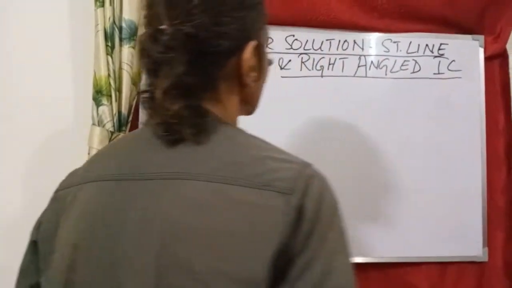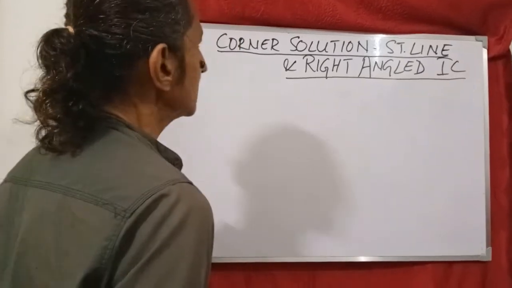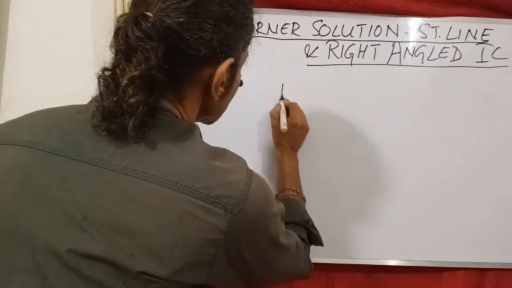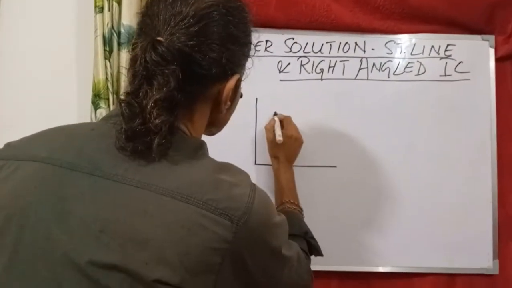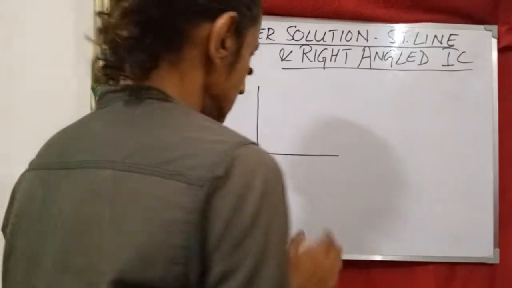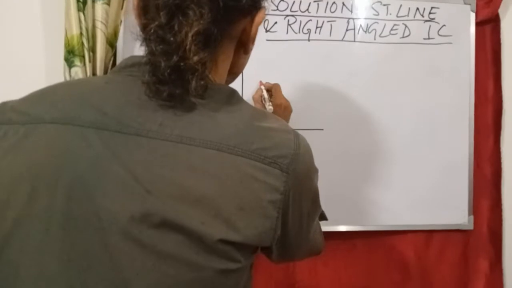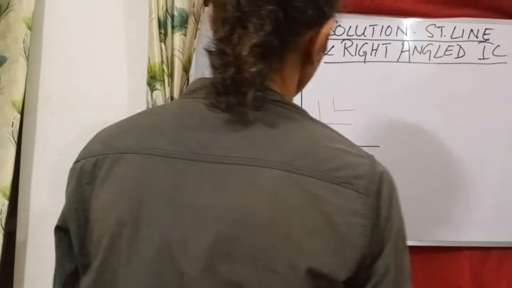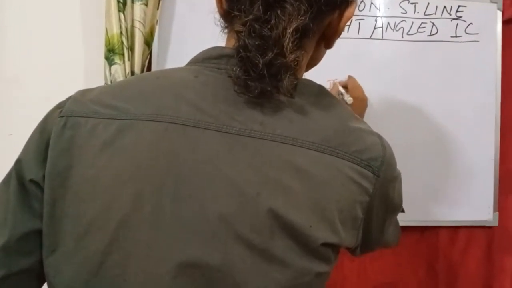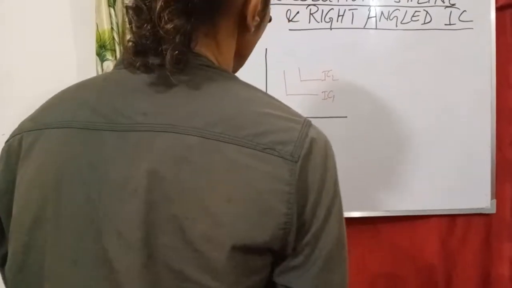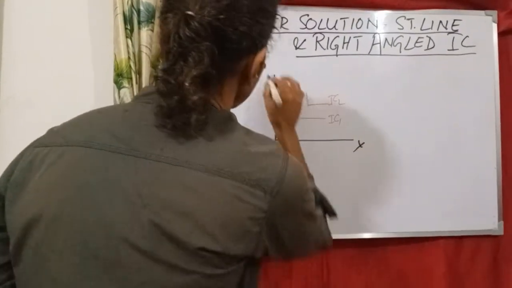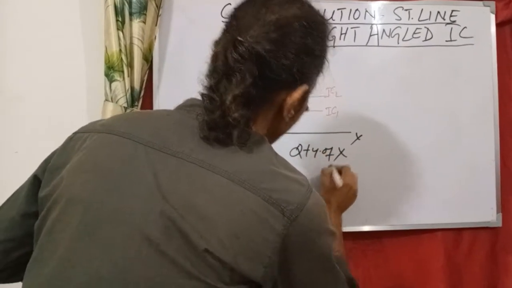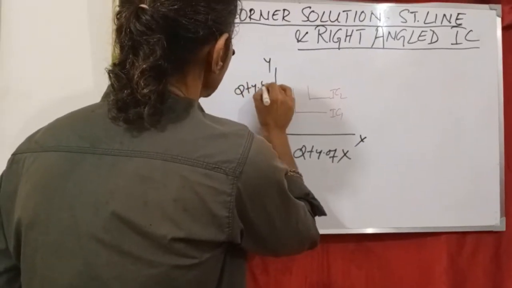Here we will learn how the consumer maximizes his satisfaction when the indifference curve is right angled. This is IC1 and this is IC2. On the x-axis we measure quantity of X and on the y-axis we measure quantity of Y.